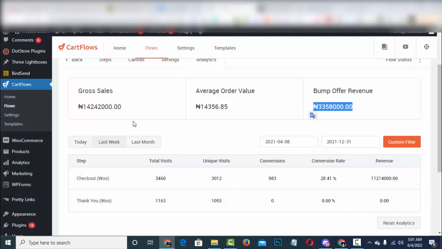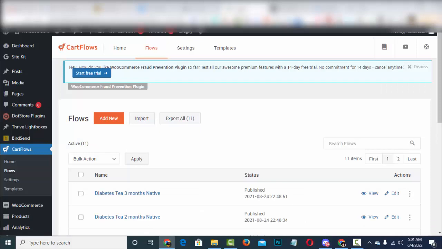Now this is one of the flows. I have different flows, right? I'm just sharing with you guys one of the flows. Someone would doubt what I'm saying now and say, "Oh, it's a lie. They have different flows." Nigerians. But anyway, let me just show you guys that we have different flows.